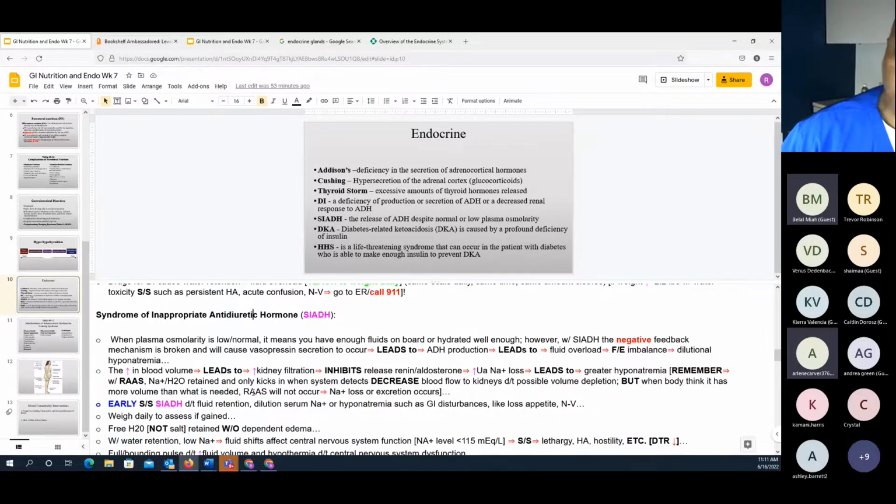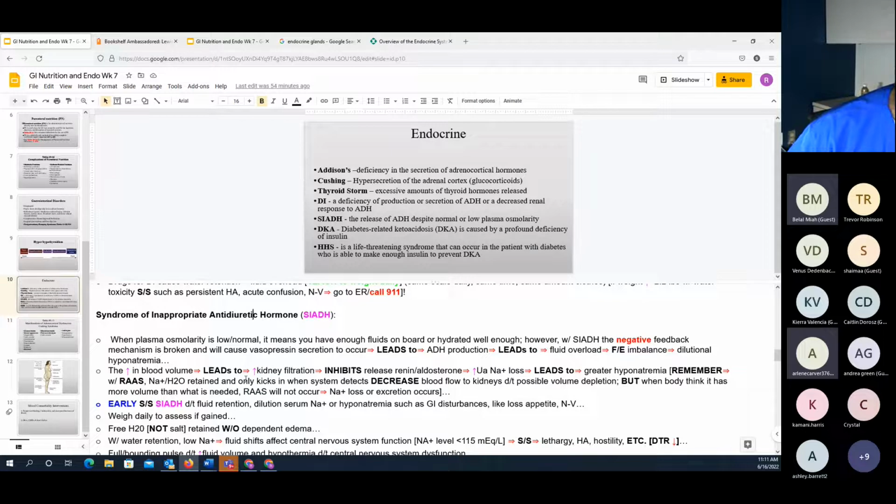Now, SIADH is basically just the opposite. These patients are essentially holding on to fluids because the kidneys may not be responding. ADH is working too well in this case because they're not urinating, they're retaining.